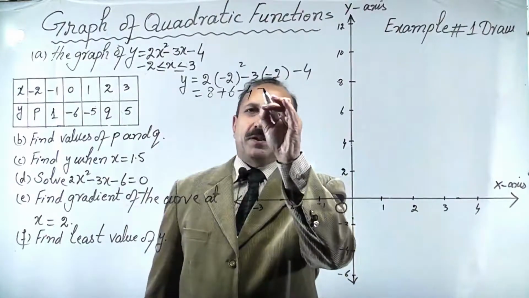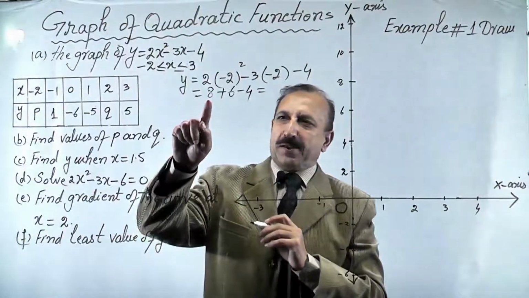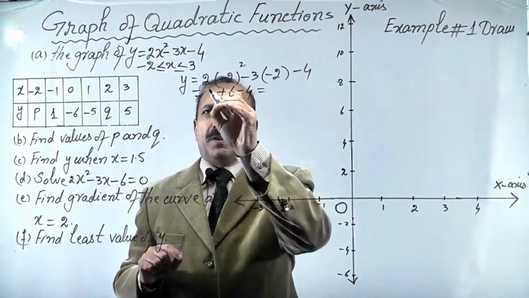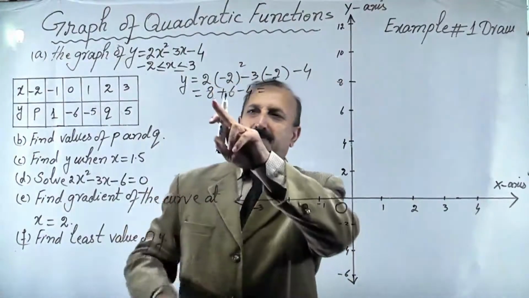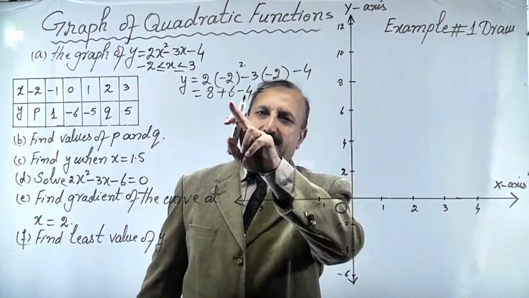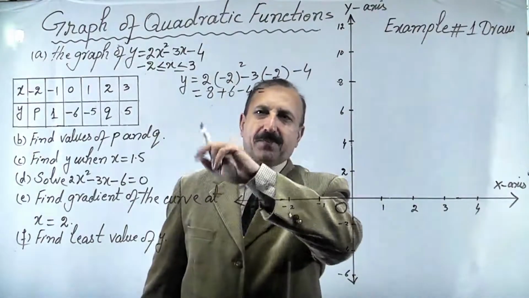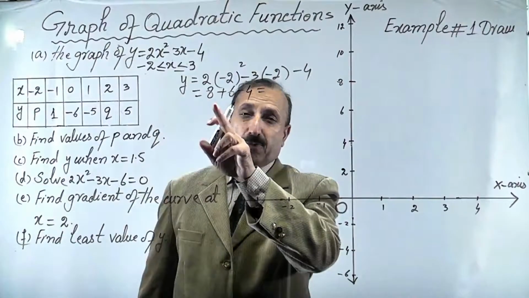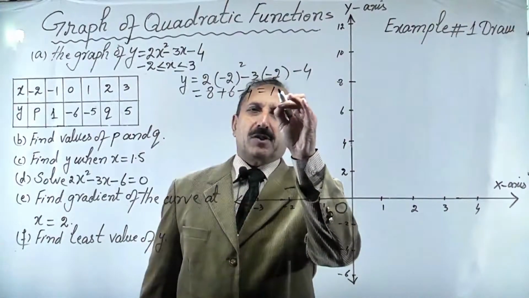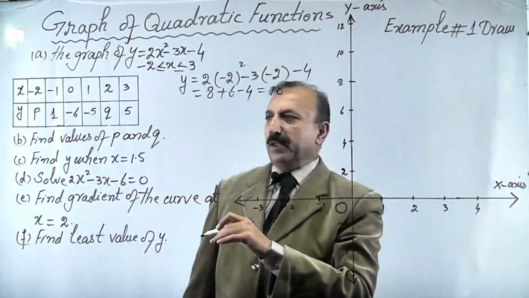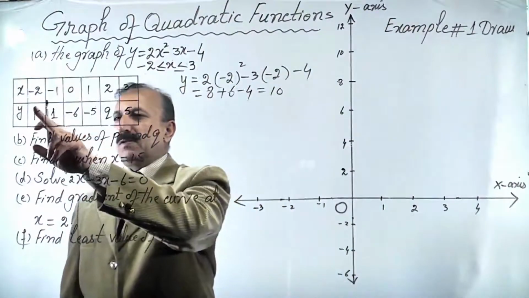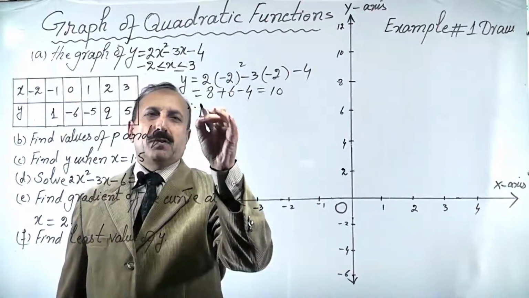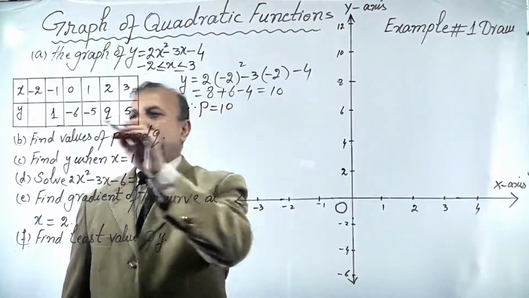So 8 plus 6 becomes plus 14, and we subtract 4 from this total 14, which gives us 10. So in place of P we substitute the value here, therefore the value of P is 10.